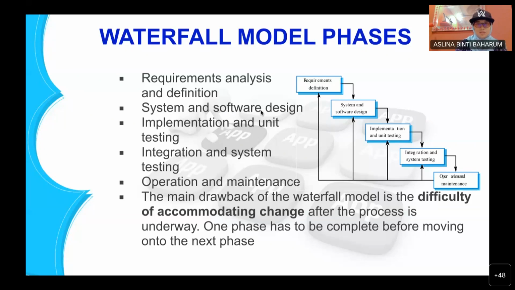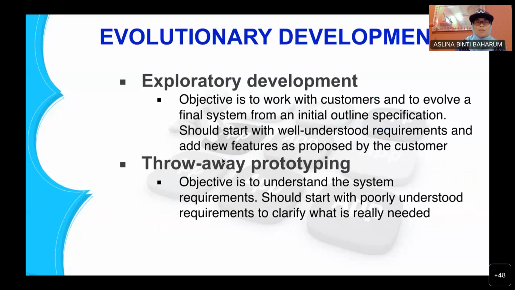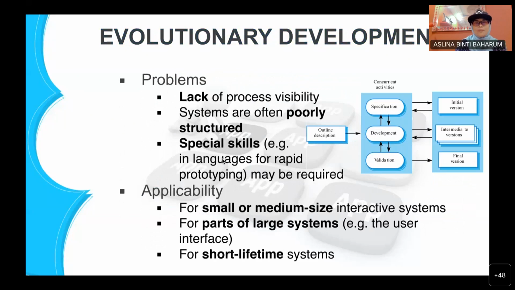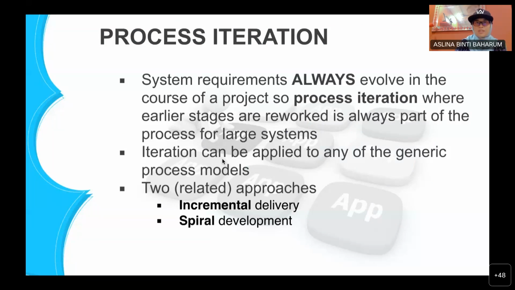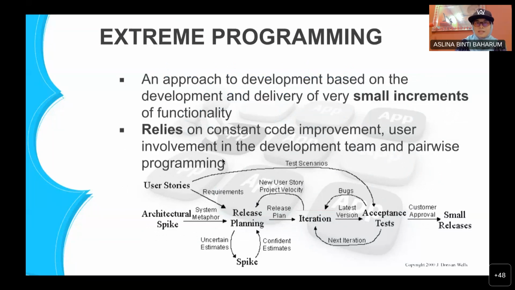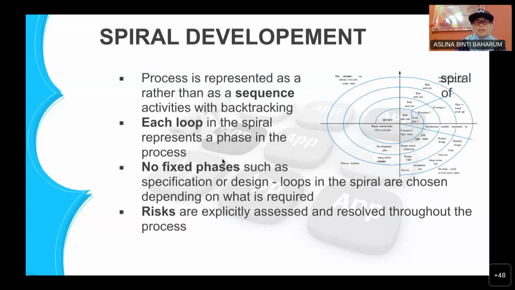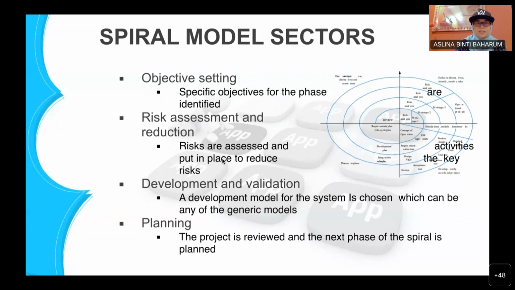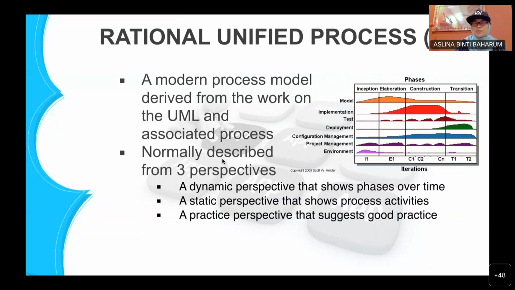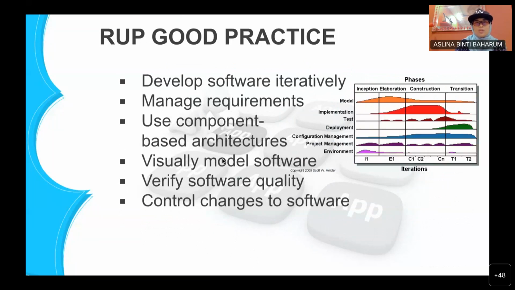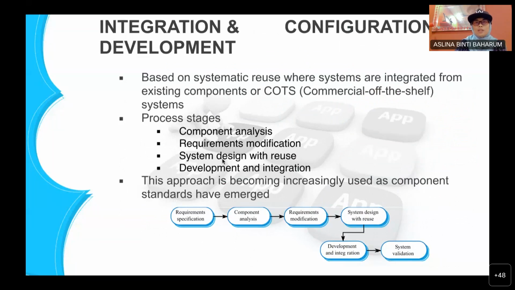So all this that your friends just explained to us: waterfall and its problem, evolution, which can have exploratory, throw away, their problem and applicability, process iterations, incremental, extreme programming, spiral, rational unified process, the good thing, and integration and configuration development.